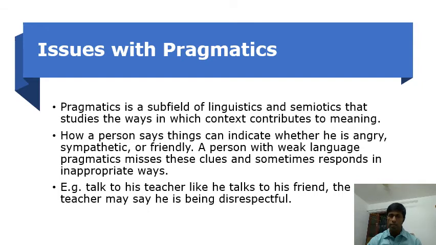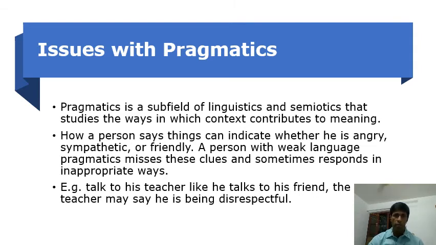Pragmatics studies the ways in which context contributes to meaning. Some words and sentences we use every day have a particular meaning when they are used in certain contexts. How a person says things can indicate whether he is angry, sympathetic, or friendly. So from the tone of a person, we can easily understand whether that person is friendly or angry.